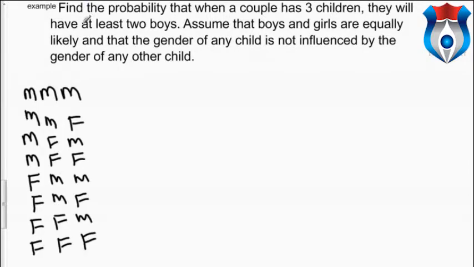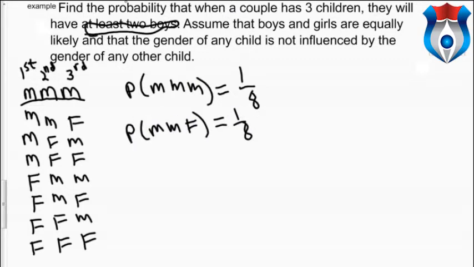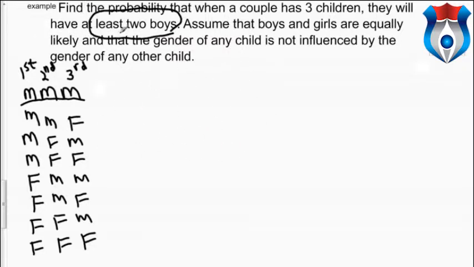Assumes all outcomes of the experiment are equally likely. Let's look into an example of a couple with 3 children who will have at least 2 boys. Assume that boys and girls are equally likely and that the gender of any child is not influenced by the gender of any other child. The outcomes can be shown in this video.